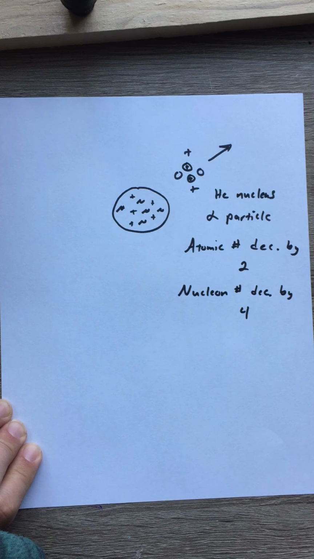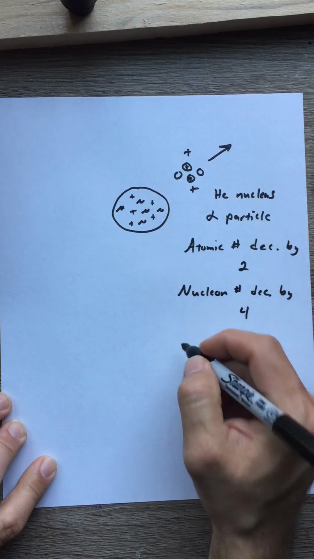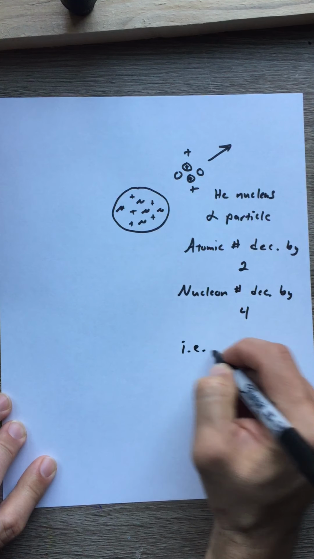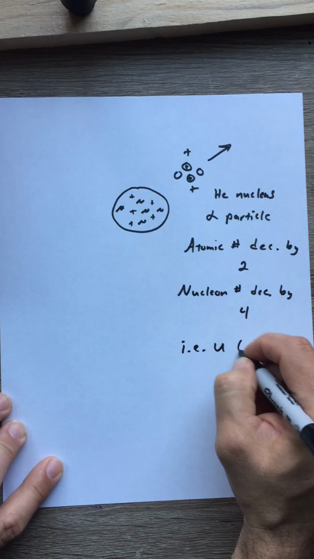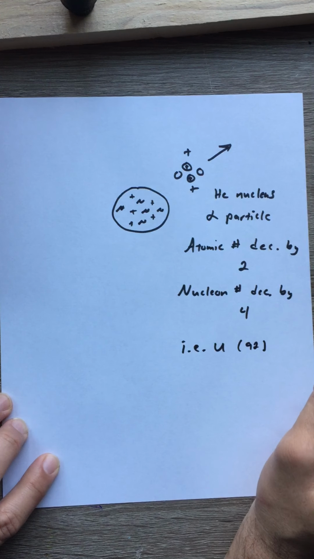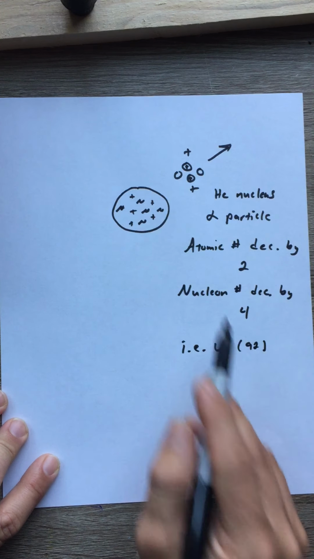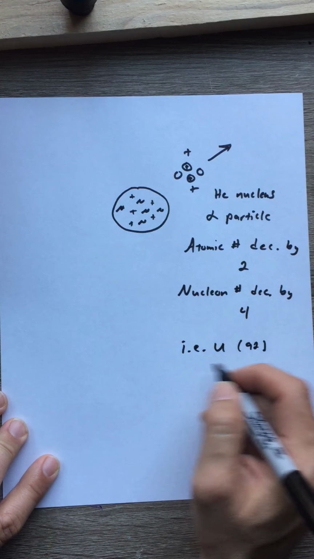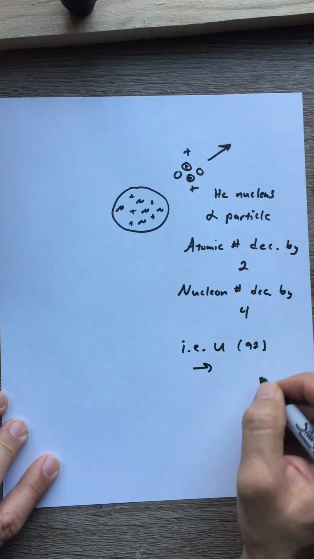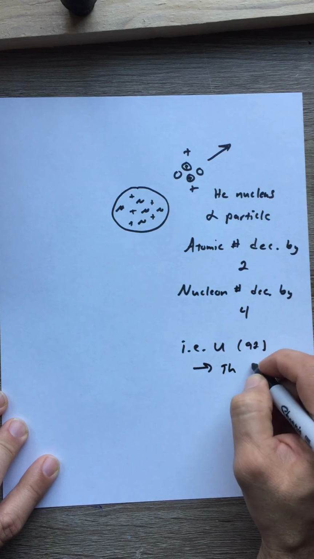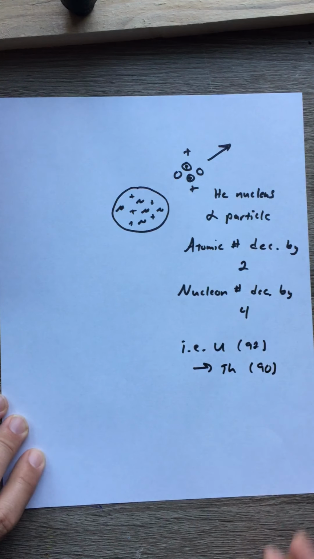So as an example, pull up my periodic table here. If we have uranium with atomic number 92, if uranium decays by an alpha process, it turns into thorium with atomic number 90.